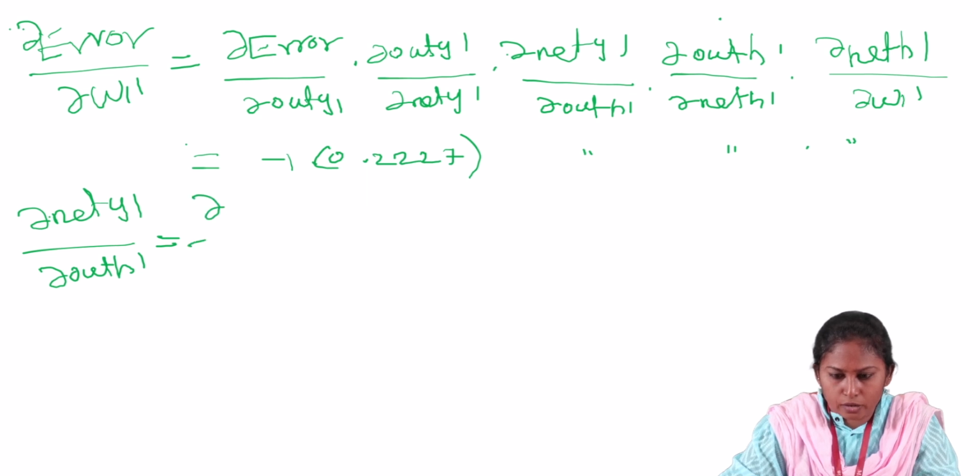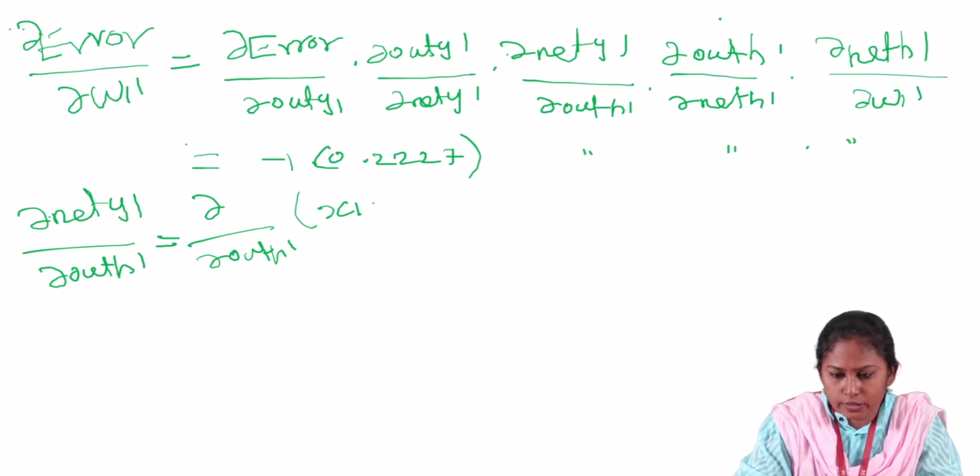So ∂ by ∂out h1 of, what's the formula for net y1? We have done it as x1 into, sorry, not x1, it is out h1, right? I have misplaced it.